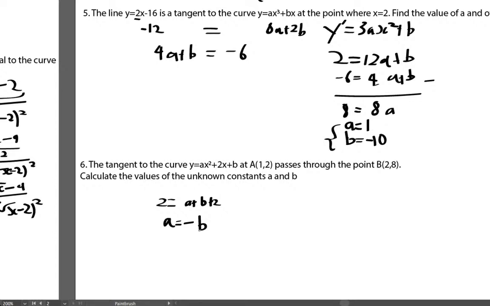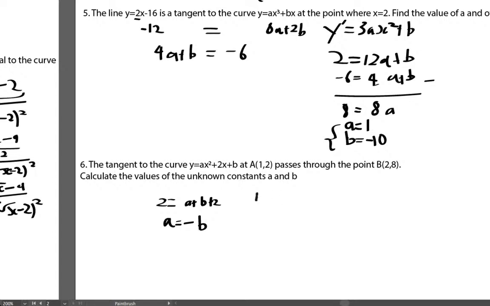But you also know how to figure out the gradient between 2 points, because this is a linear system. It doesn't say that B is on the curve, but you know the line passes through point A and point B. So you could figure out what the gradient is.